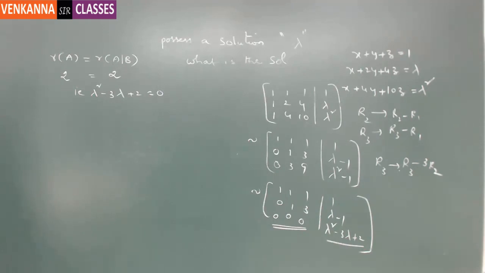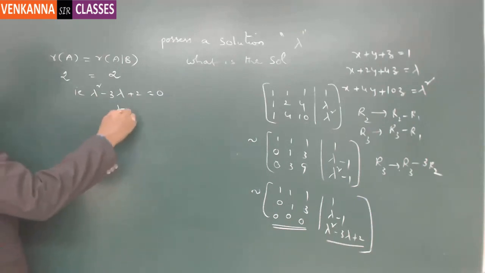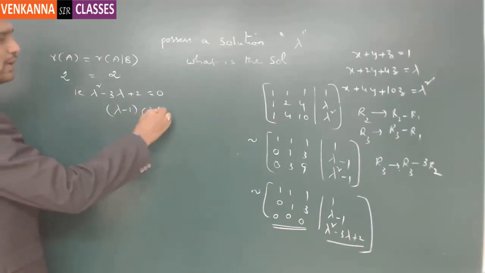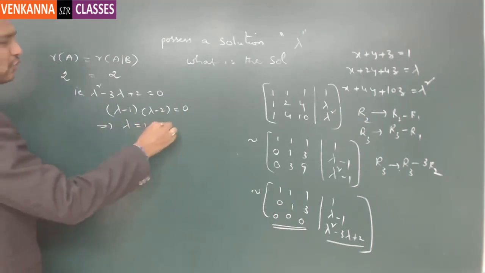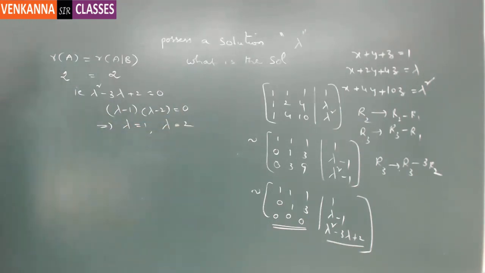So to determine the solution, we must say that lambda square minus 3 lambda plus 2 equal to 0. Now what happens if you factorize this? It is nothing but lambda minus 1 into lambda minus 2 equal to 0, which gives lambda equal to 1 or lambda equal to 2. Do you agree?